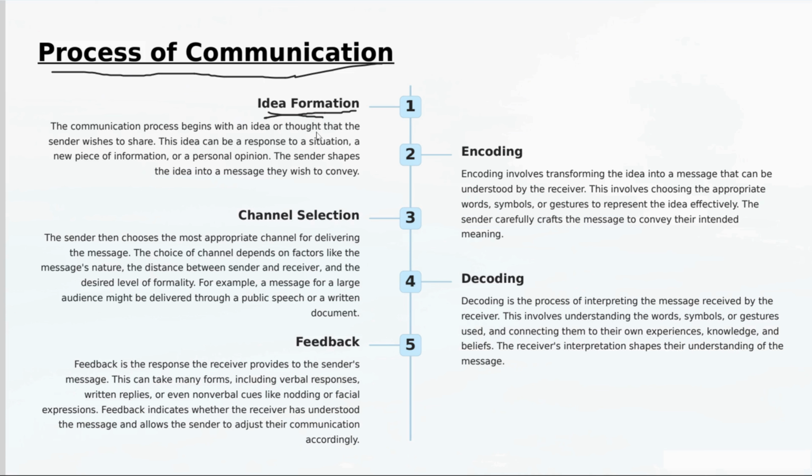An idea about what the conversation is going to be about, what the topic is. Communication is basically the response that we have for a certain scenario, certain situation, or any opinion that we have on political issues, social issues, etc.